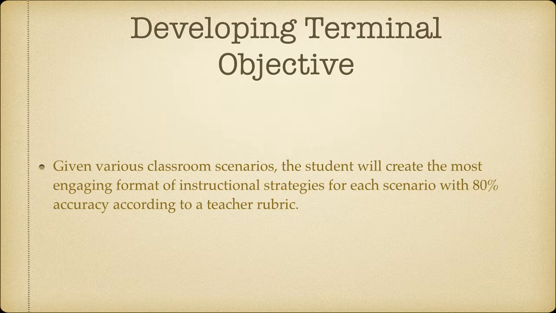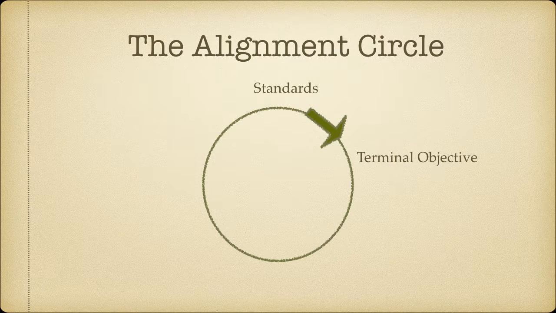And then the last part is utilizing my enabling objectives, I'm then going to create a rubric. And so what I'm saying here is that they have to show mastery to the level of 80% on that rubric. So that's my criterion.